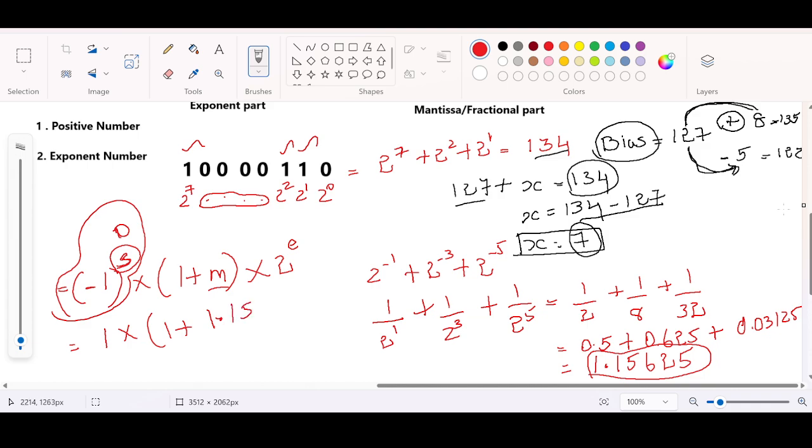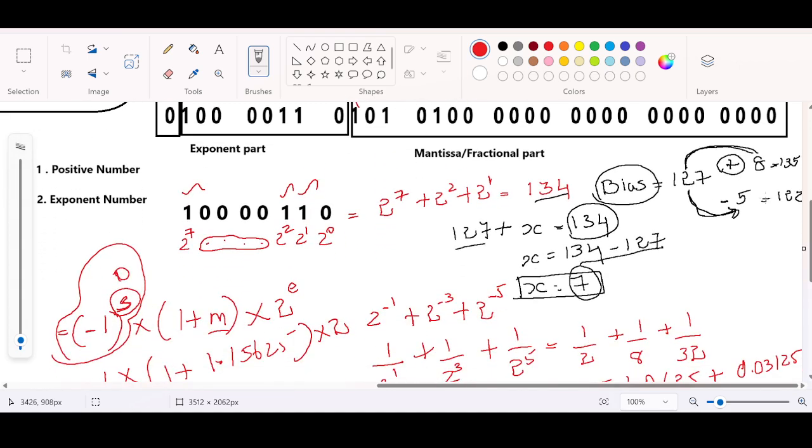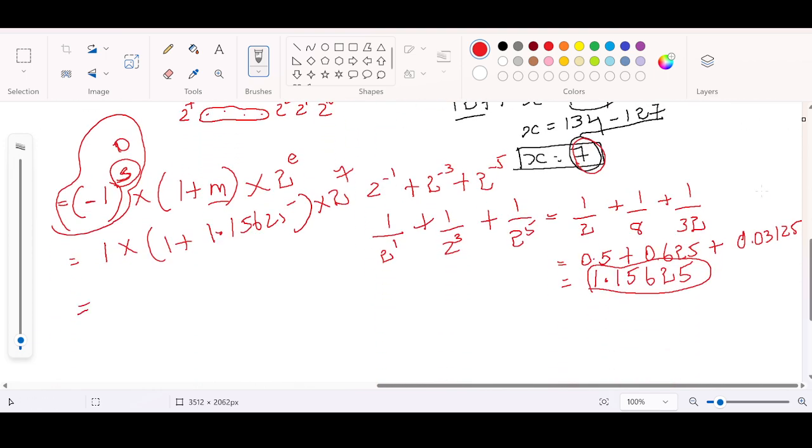1.15625, right? Into 2 to the power of, what is the exponent number that we have got? Value of exponent is what? 7. 2 to the power of 7. Okay, you get what? 1.15625 into 2 to the power of 7.